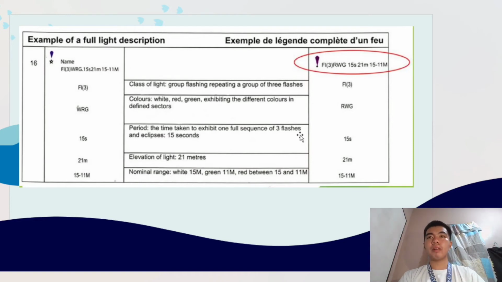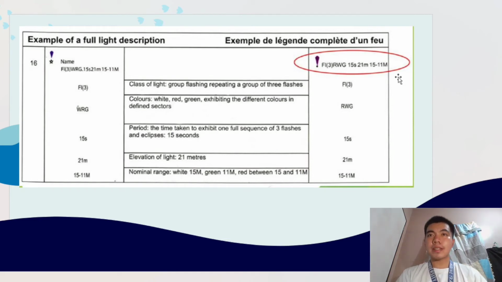So, an example of a complete abbreviation. We have here FL(3) RWG 15s 21m 15-11M, the one in the upper right that has been encircled in red.